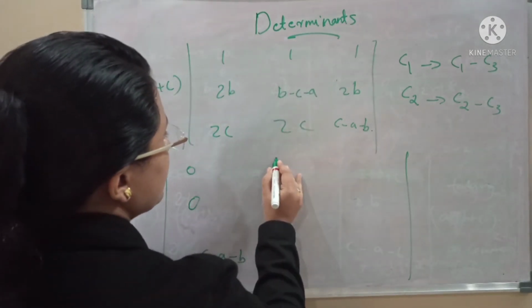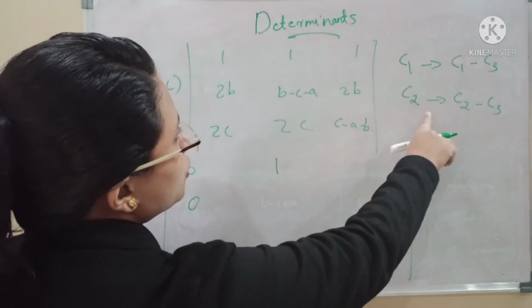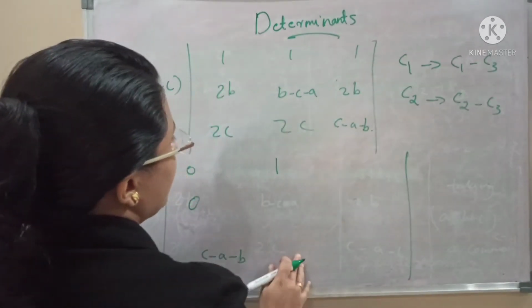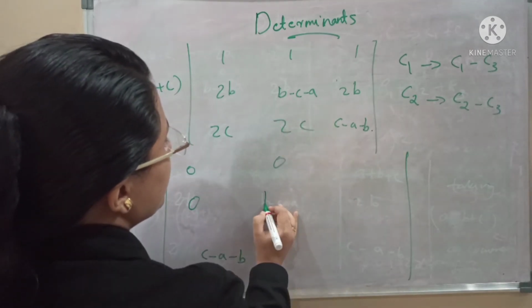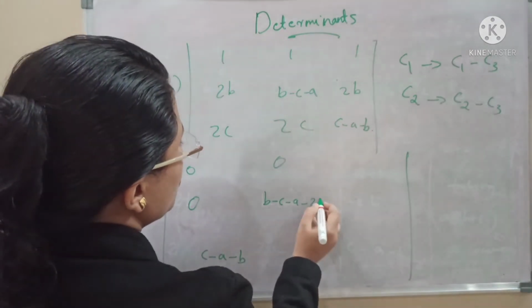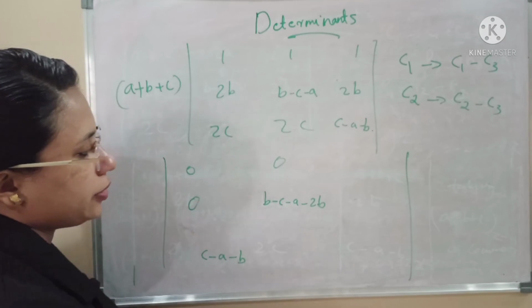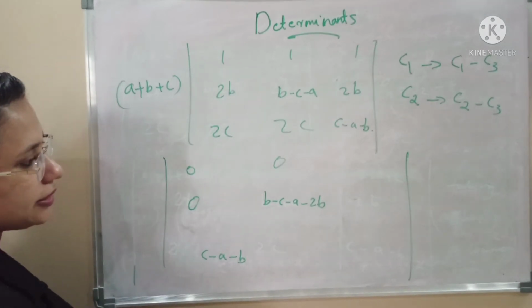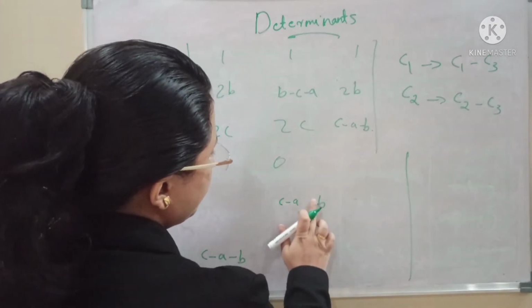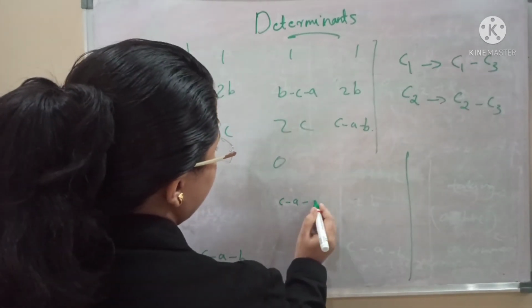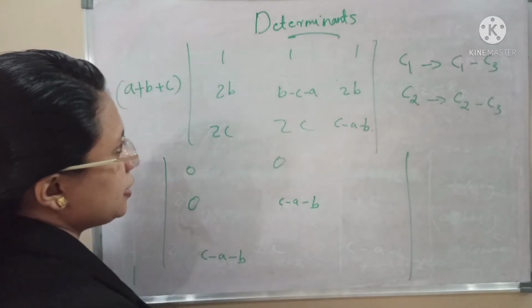Now here this row, C2 minus C3. So 1 minus 1 is 0, B minus C minus A minus 2B. So what it will be? This is going to be C minus A minus B, right?